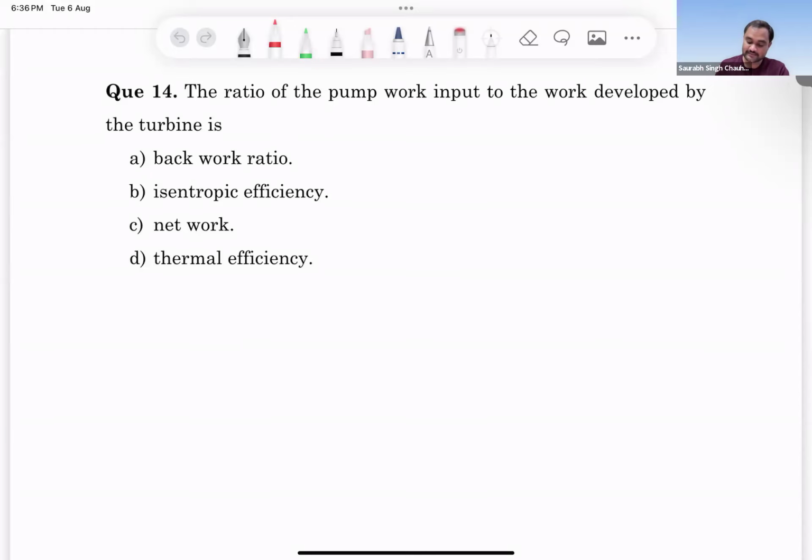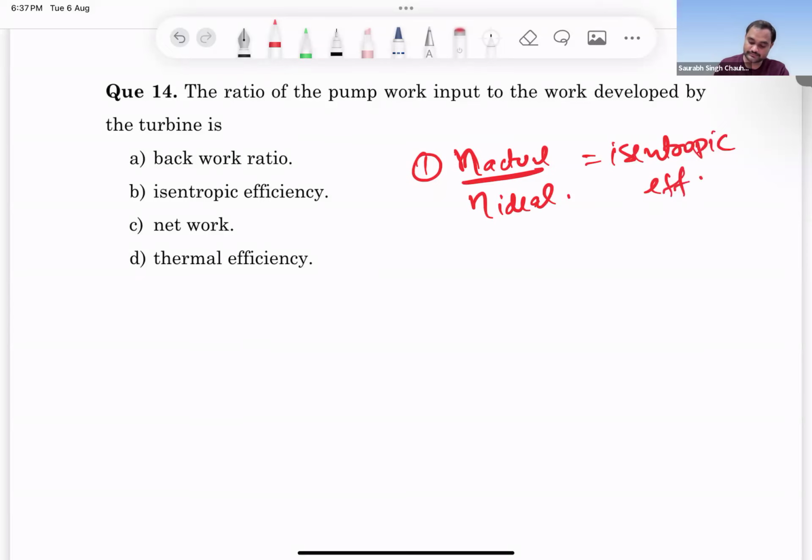Isentropic efficiency is defined as the actual efficiency of a device divided by the ideal process efficiency. So this is isentropic efficiency of any process.